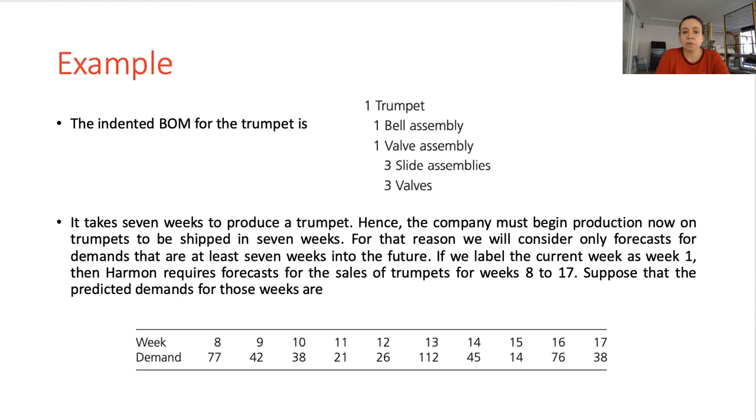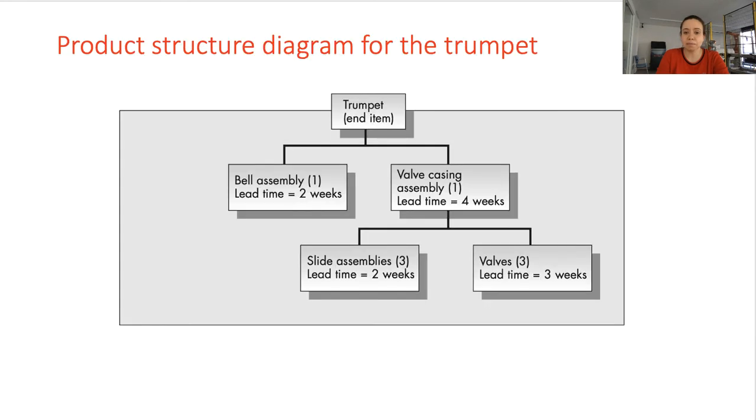Now here the indented bill of materials for the trumpet is given. For the end item trumpet, we need 1 bell assembly and 1 valve assembly. For the valve assembly, we need 3 slide assemblies and 3 valves. Firstly, we check the amount of time required to produce this end item.